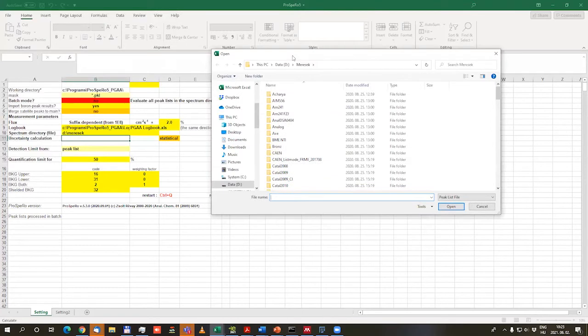And the task of this program is to load the PKL file, so the peak list, and using the library, it will assign elements to each analytical line based on the energy differences. So the best match will be selected.